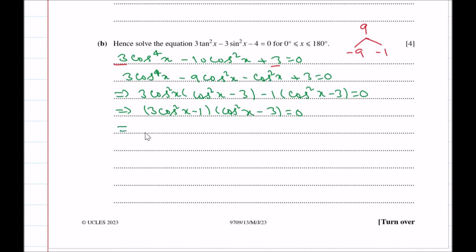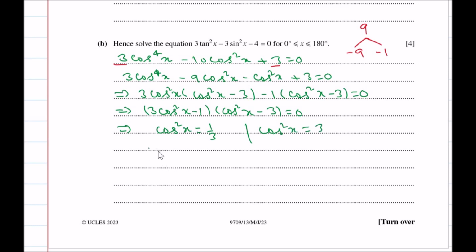And then the first bracket gives us cos square x equal to 1 by 3, and the second bracket gives us cos square x equal to 3, right?